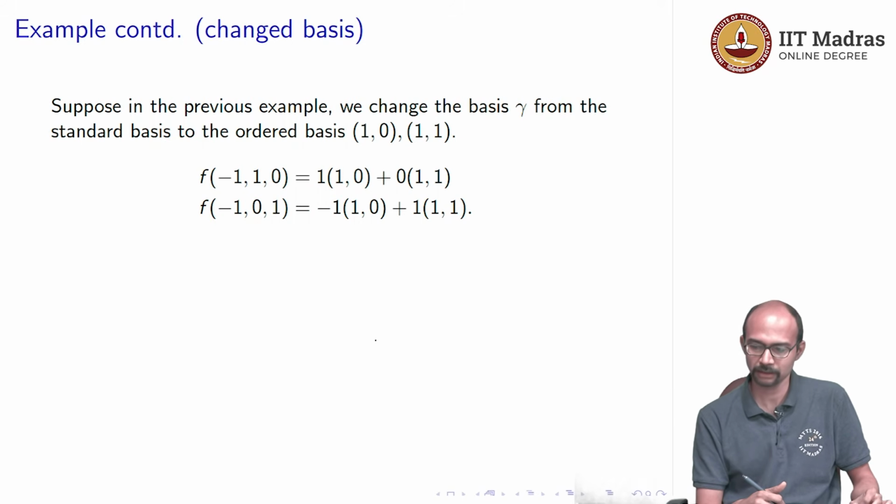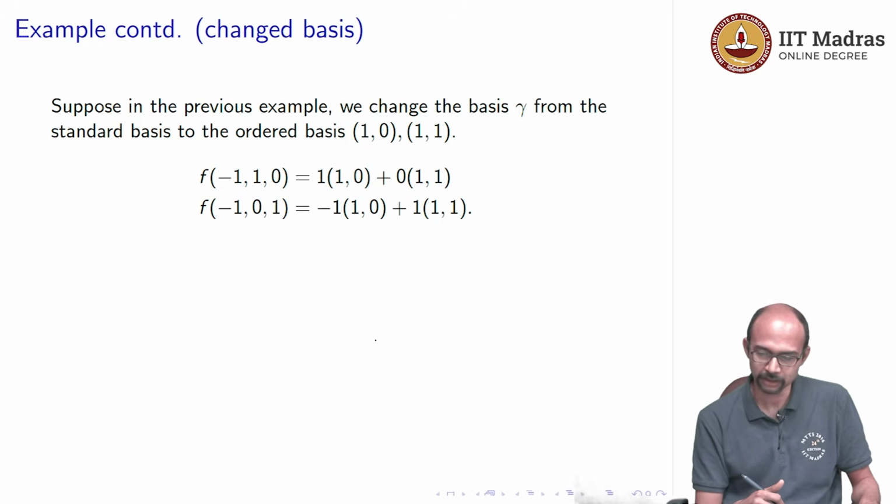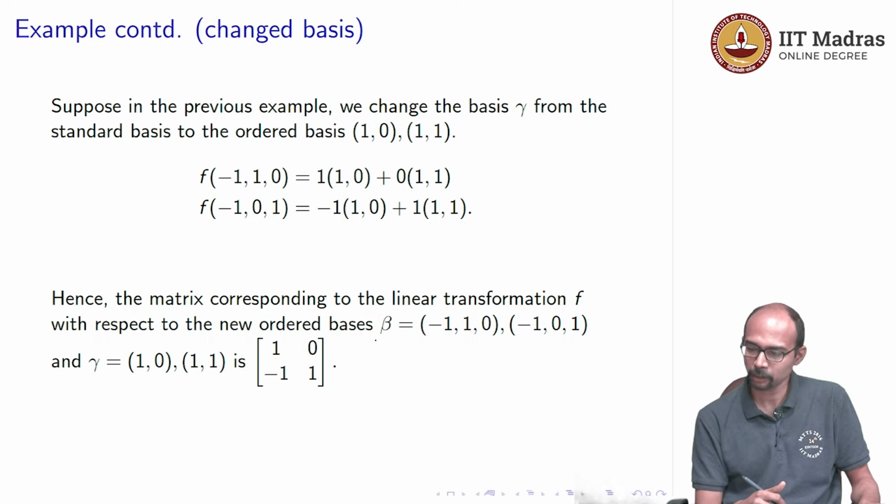So no change in the coefficients in the first equation, but for the second one, f of (-1, 0, 1) is (0, 1), the projection to the yz plane, and (0, 1) can now be written as minus 1 times (1, 0) plus 1 times (1, 1). So what is the corresponding matrix?